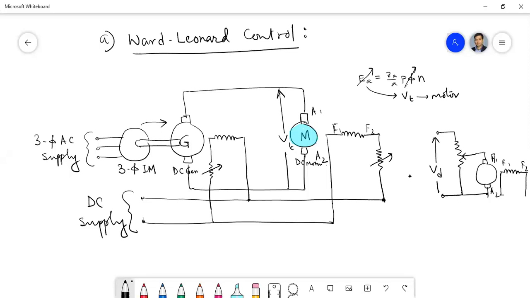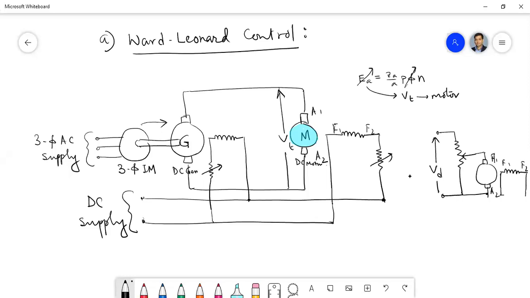So again I am telling that this will be advantageous for several motors connected in the same line, not for one. But this type of control technique gives you some simplicity. Number one, simplicity of concept, a simple speed control technique.